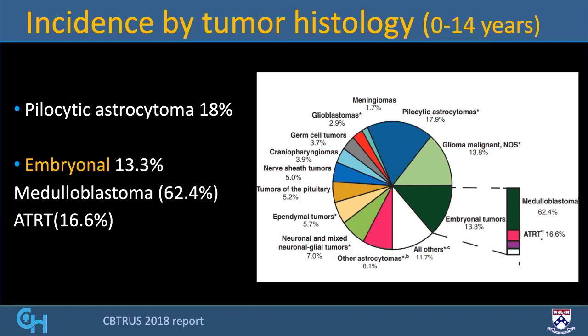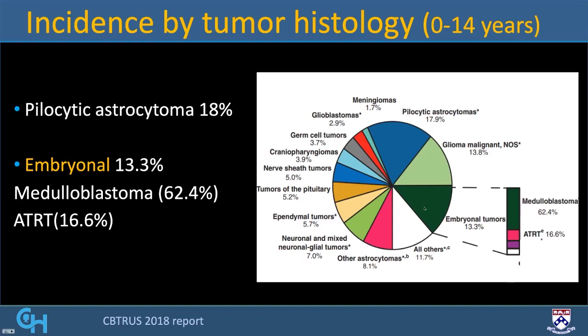Now, if you look by the tumor histology, this pie chart depicts the different types of tumors by their histology. You'll notice that the biggest group of these is composed of pilocytic astrocytomas, which account for about 1/5, about 18 to 20% of all pediatric brain tumors. And the second big category I would like to point out is the embryonal tumors.